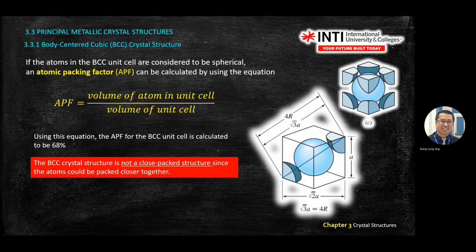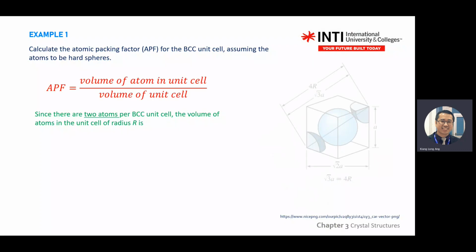Maybe in a test or final exam, it tells you, let's say, copper, and gives you a table with the APF number. From the APF number, you calculate the radius of that atom, for example. You reverse the calculation.